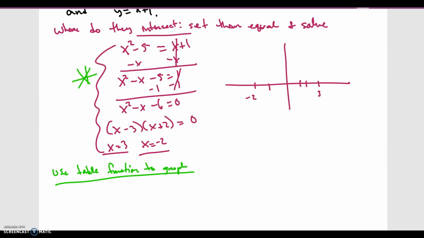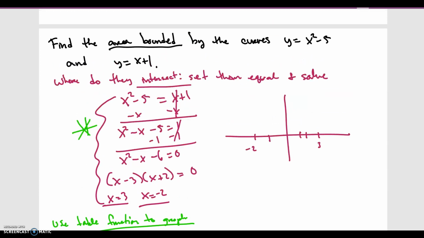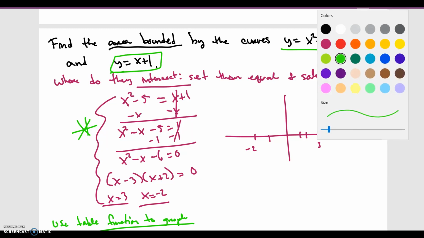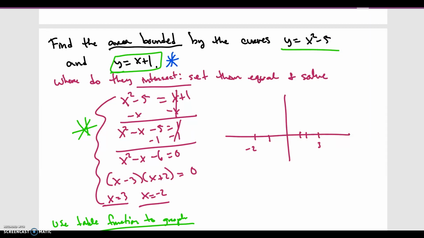So now the only thing I'm missing is what these graphs look like. Well, this one's easy. Let's call that one my blue graph, y equals x plus 1.